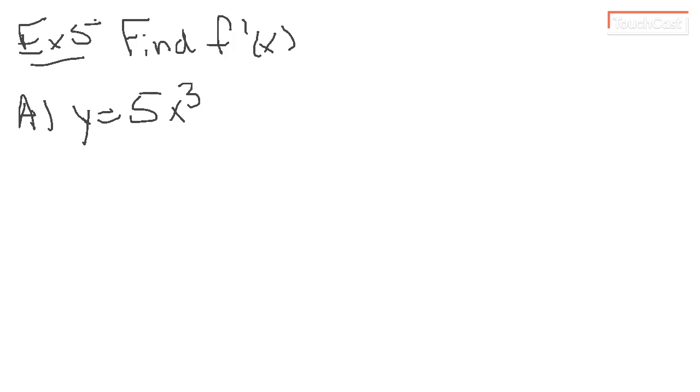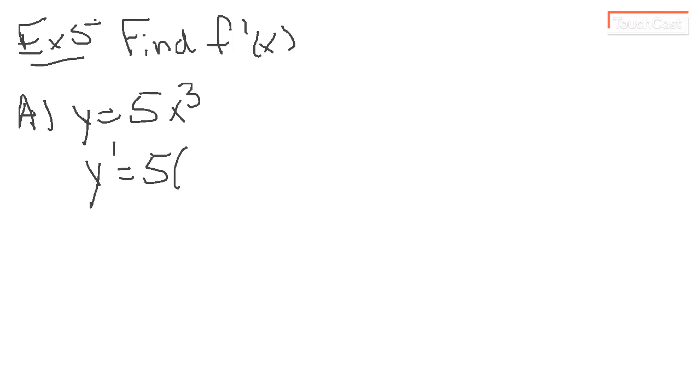cubed. So if we're thinking about this constant multiple rule, 5 would be c, x cubed would be the f of x. If we want to find the derivative, we're going to go 5 times the derivative of x cubed.